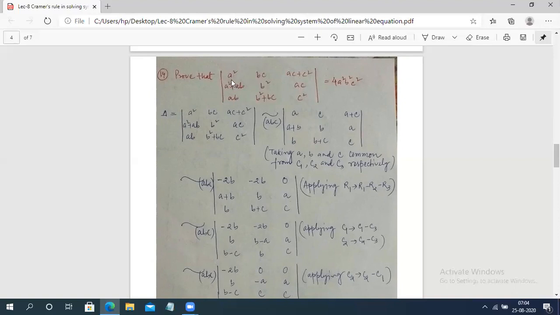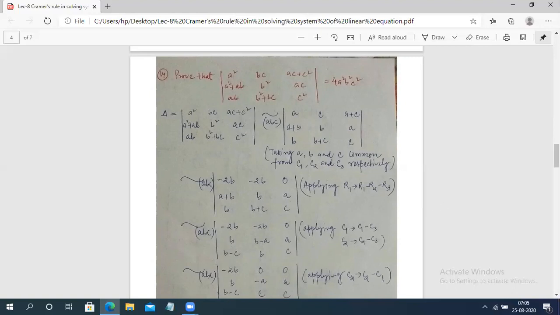So you can take a common from the first column, b is common in the second column, c is common in the third column. So take a, b, c common from C1, C2, C3. So write abc. You are left with the terms a plus b, and b. We are taking b common, so left with the terms c, plus c, b, and b plus c. And in the third column, after taking c common, you are left with the terms a plus c, a, and c. Clear?